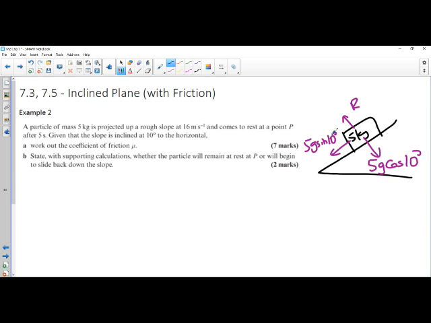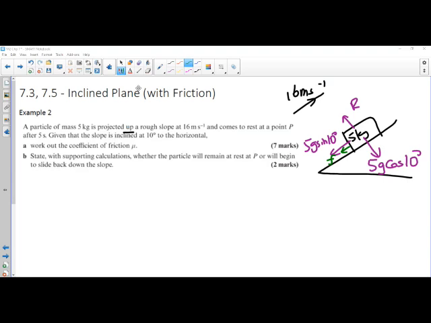So it's moving up at 16 meters per second, which means the friction will be against it. That's the friction, right?